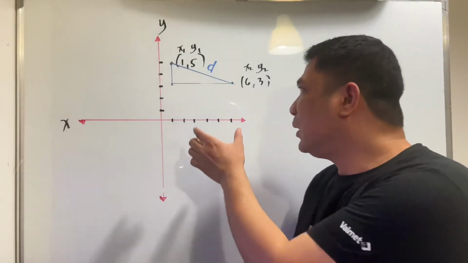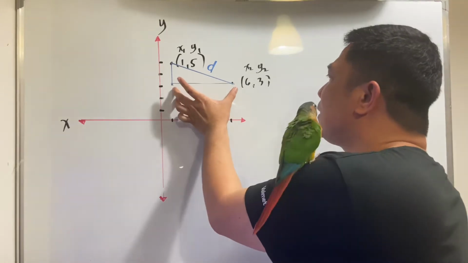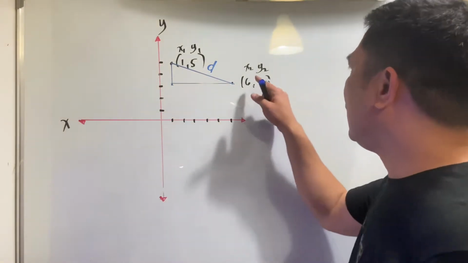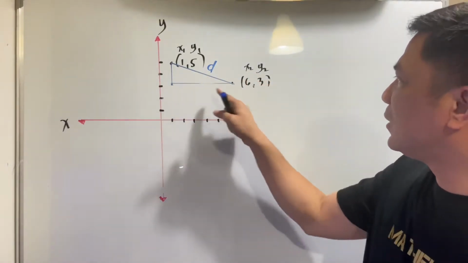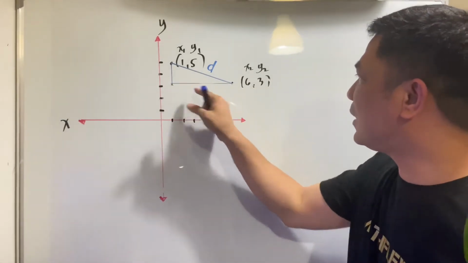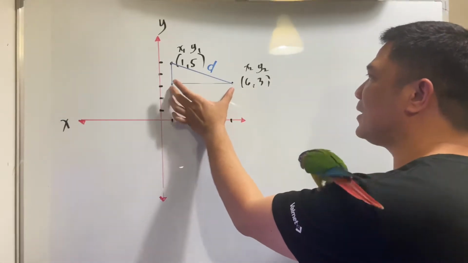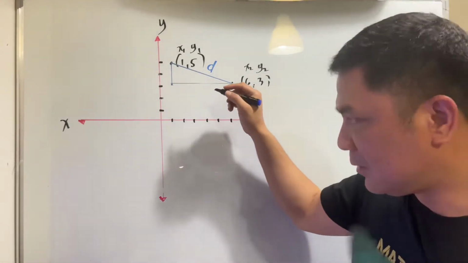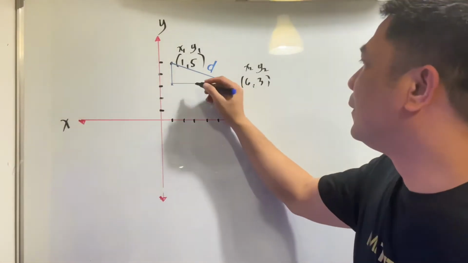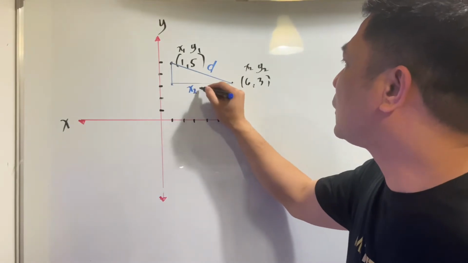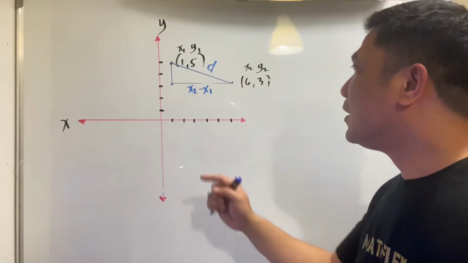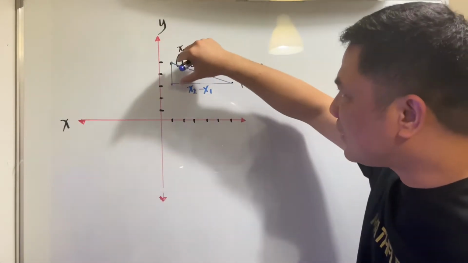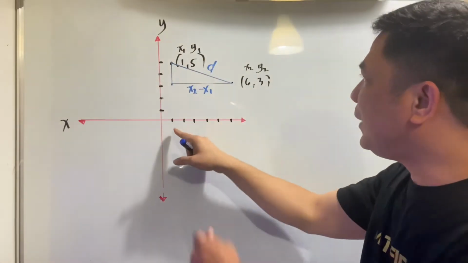If you want to get this distance, you have here x2 minus x1. That's the length of this line.